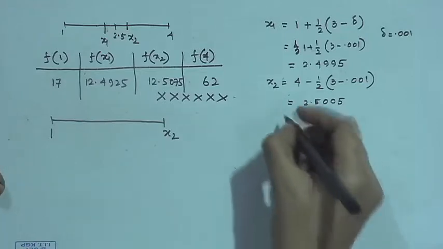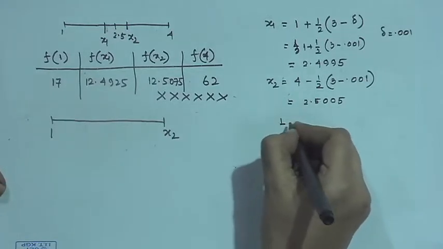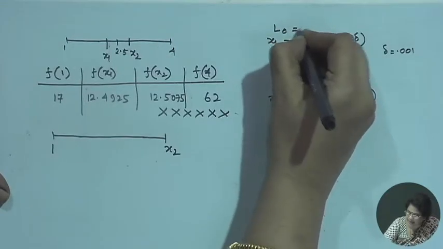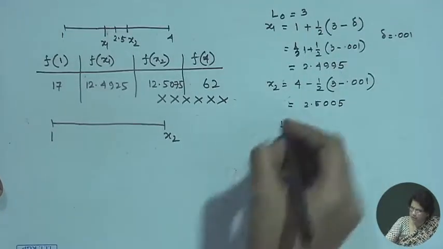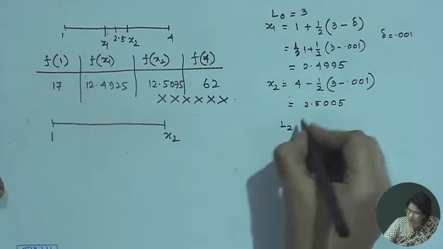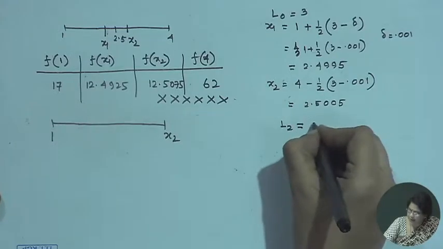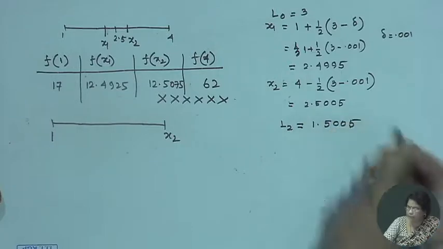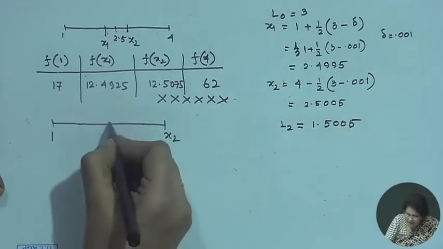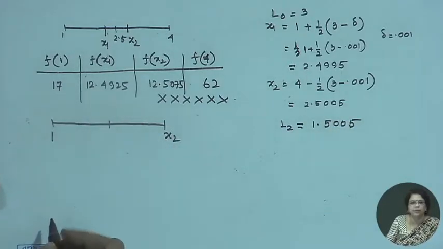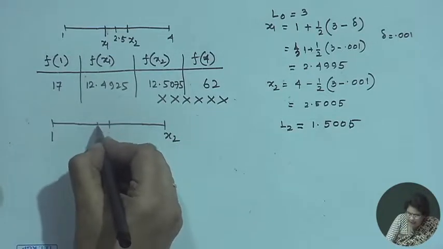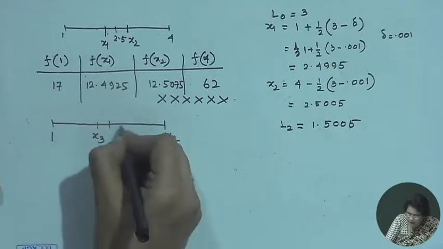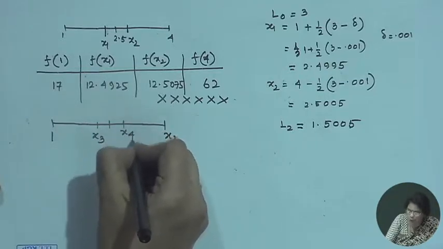What will be the size of this interval of uncertainty? Exactly. Previously the interval of uncertainty, which I named L0, was equal to 3. Now we are discarding a portion, that is why we are getting L2 as 1.5005. Again let us consider the middle value. Again take delta by 2 distance from here, and we will find x3 and x4.